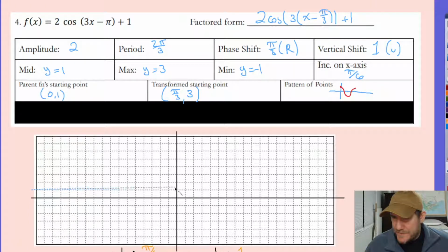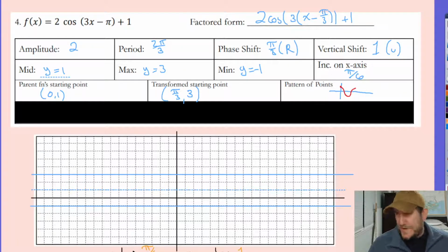So the midline then will be here at 1, which we already knew. I forgot that we already said that. Our max will be 2 units above that, so that's going to be at 3. Our mins will be 2 units below this, so they'll be at -1. So there's that.